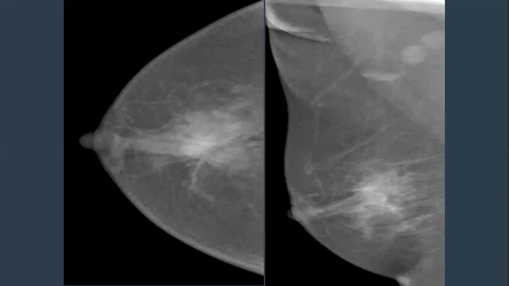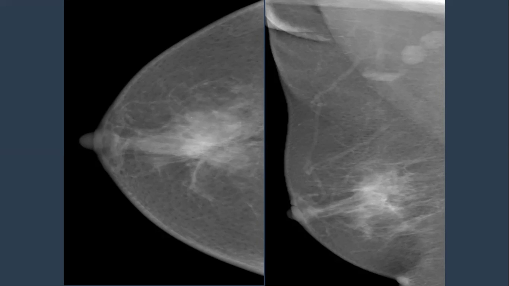Yes, with associated focal asymmetry. Excellent. And skin thickening, band-like, extending to the nipple with subtle nipple retraction on MLO.